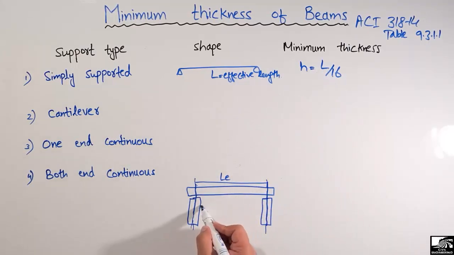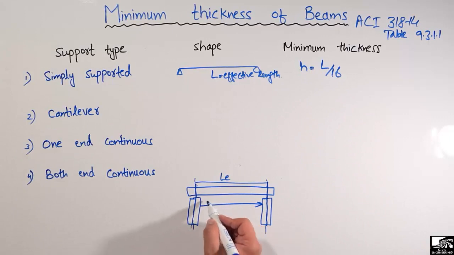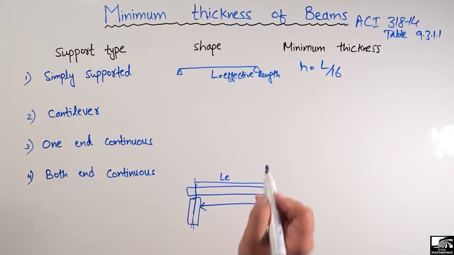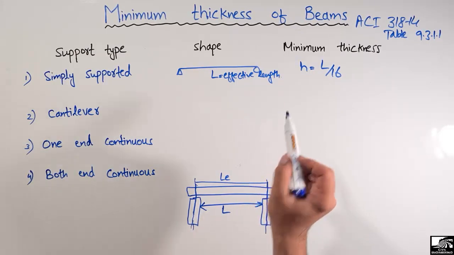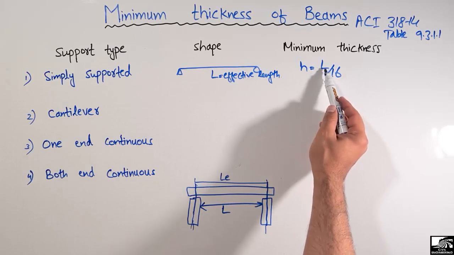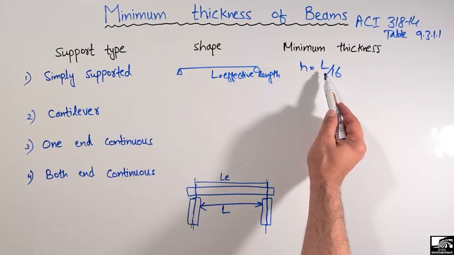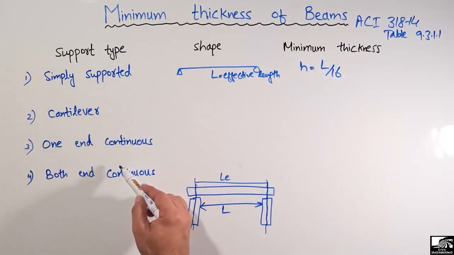Whereas the simple distance between the two columns is known as the clear length or the clear span. It should be kept in mind that the effective length is used for determining the minimum thickness for all these types of beams.